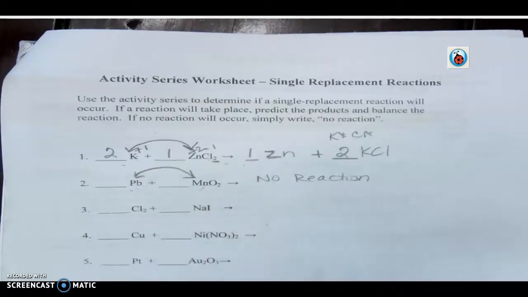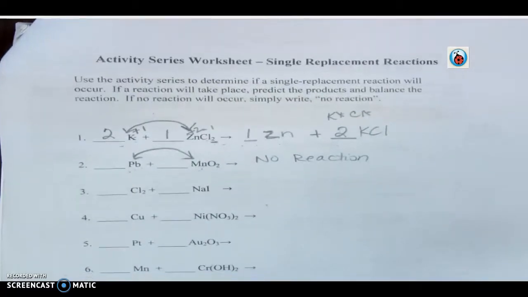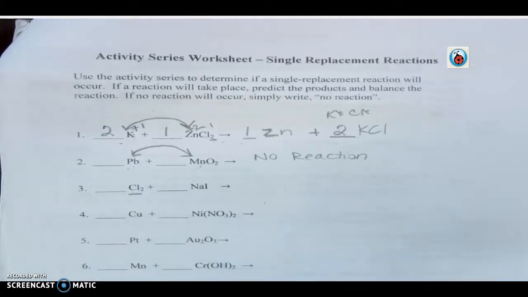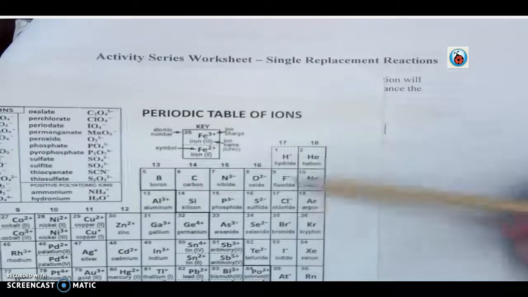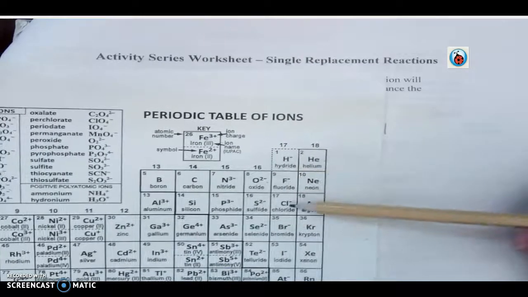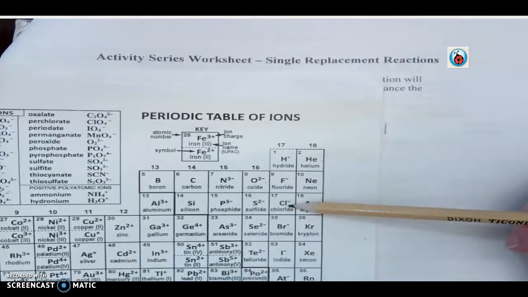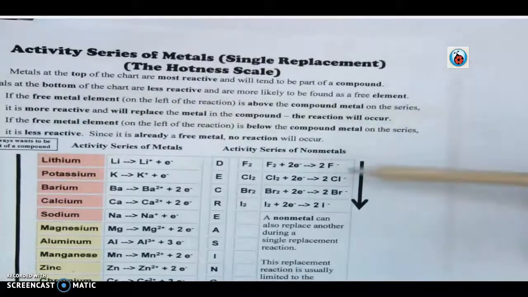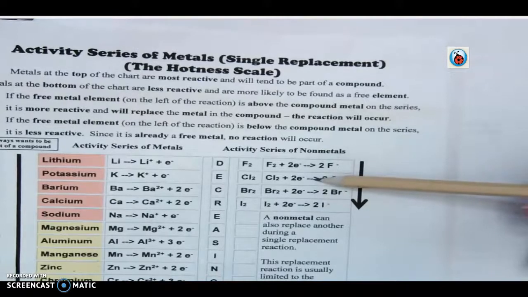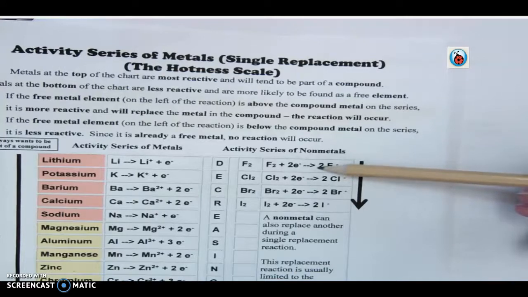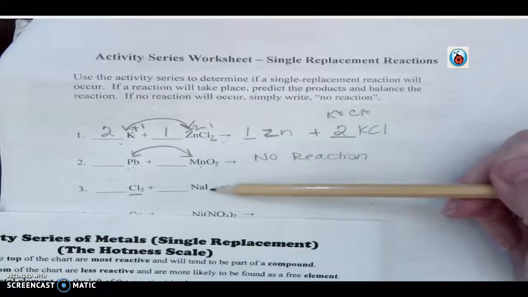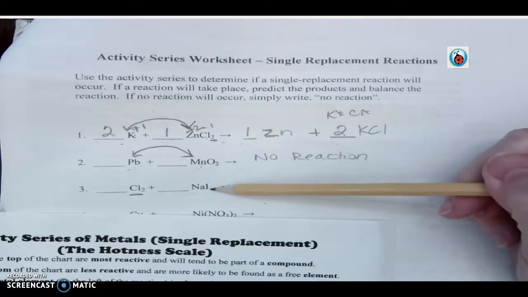Now let's consider number 3. This one's a little bit different because the single element here is a nonmetal. Nonmetals can only switch with other nonmetals. And if you'll notice our activity series here, it's all our halogens. So there's chlorine. The only thing hotter than chlorine is fluorine. So there's chlorine, and the only thing it wouldn't switch places with is fluorine.